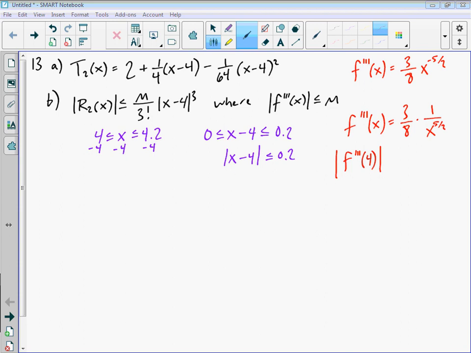Okay? Okay, so I'm going to try to do the m more like how we did it in the notes here. So our third derivative is equal to this here. So we're going to talk about the absolute value of that third derivative. So I'll write that in here. So we just have 3/8 times 1 over x to the 5/2.